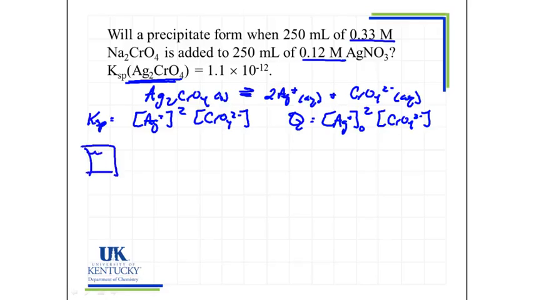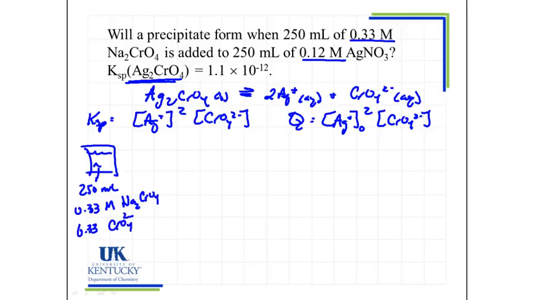We've got, or beakers, one beaker that has in it 250 milliliters of 0.33 molar Na2CrO4, sorry. In other words, since this dissociates, it has a 0.33 molar solution of the chromate ions in solution.